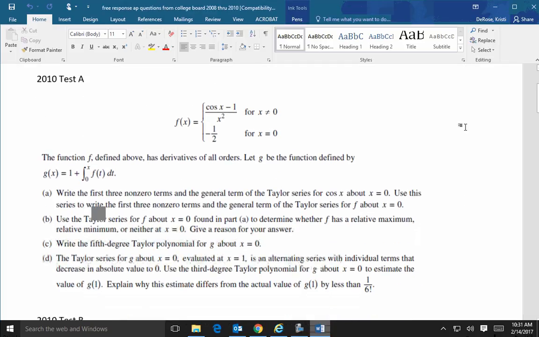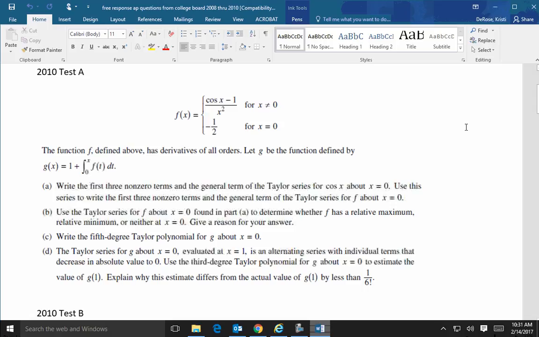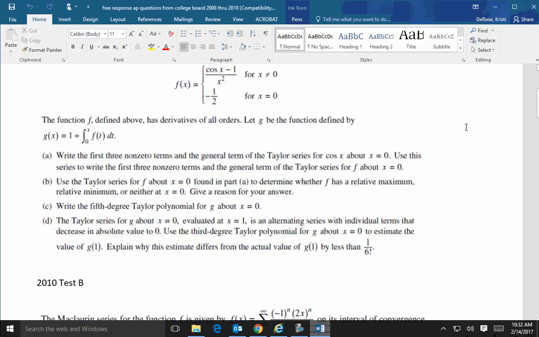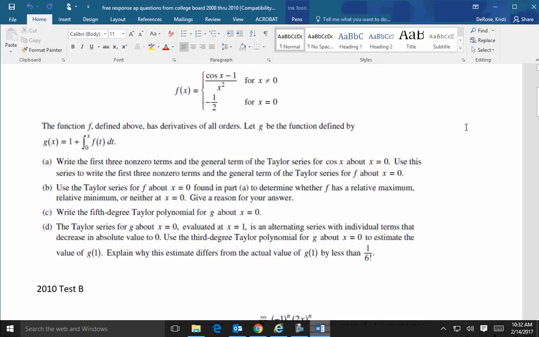We're first going to do the 2010 test. So if you want to write down what it's from, this is the 2010. You should make the first sentence of part A in 30 seconds. Go.